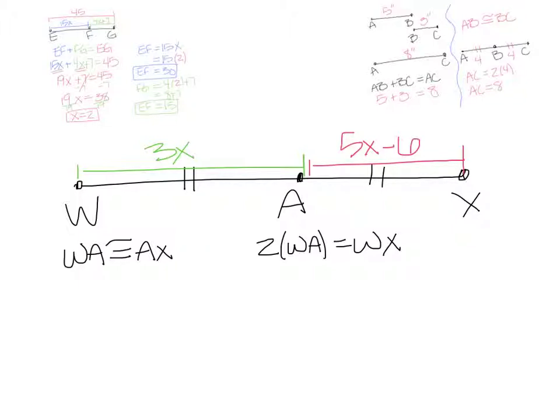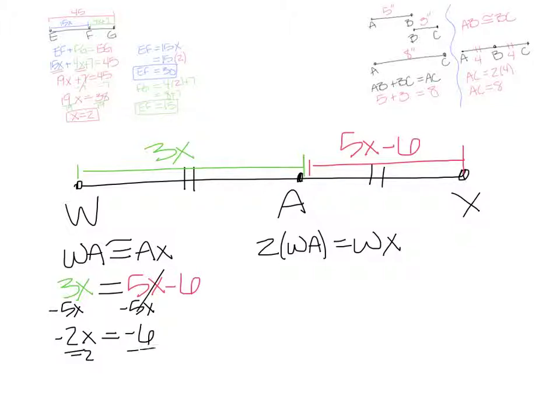So we can take what WA is worth and set that equal to what AX is worth and solve for x. So if we subtract 5x from both sides, we would get negative 2x equals negative 6. Divide both sides by negative 2, and we know that x is 3.